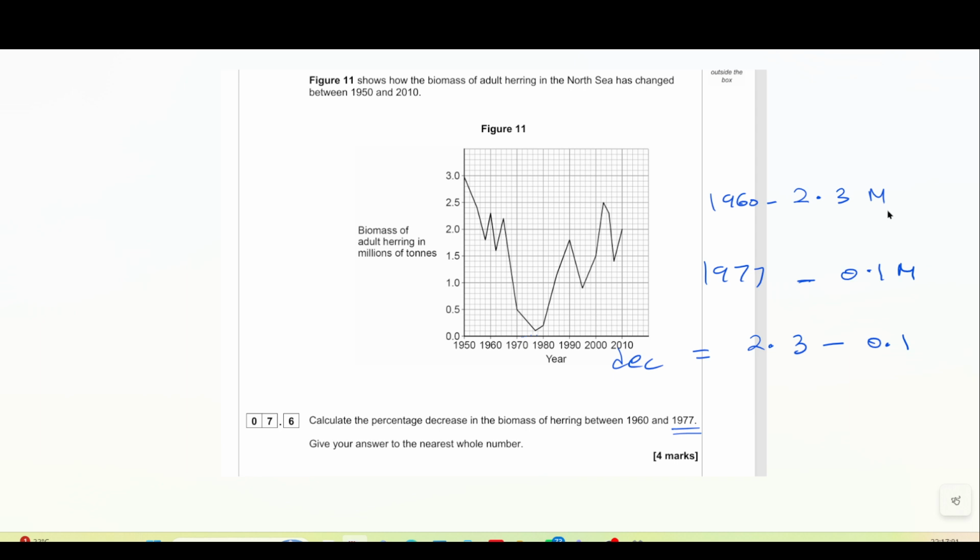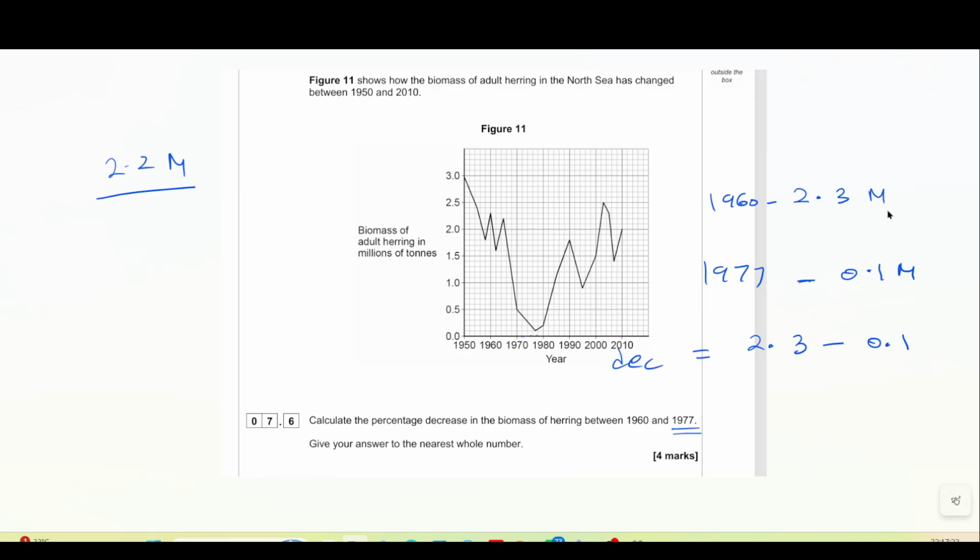Calculate percentage decrease. First subtract them: 2.3 minus 0.1 equals 2.2 million lost.